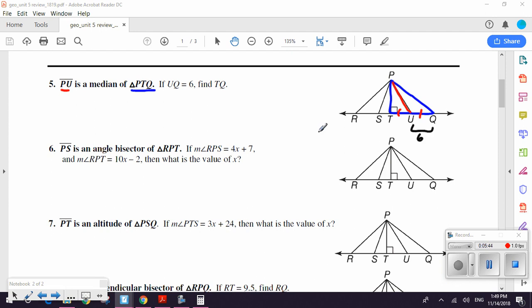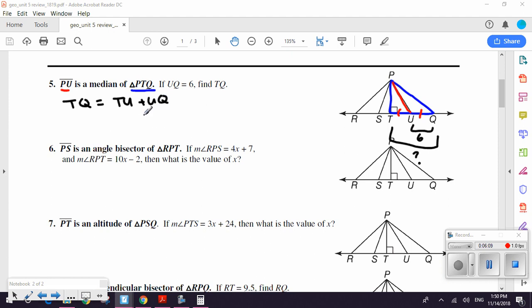It would like us to find the distance from T to Q. So from T all the way to Q. So what is that distance? If you look at it, TQ represents the side of the triangle. And TQ is the whole side. It's made up of two parts, TU and UQ.